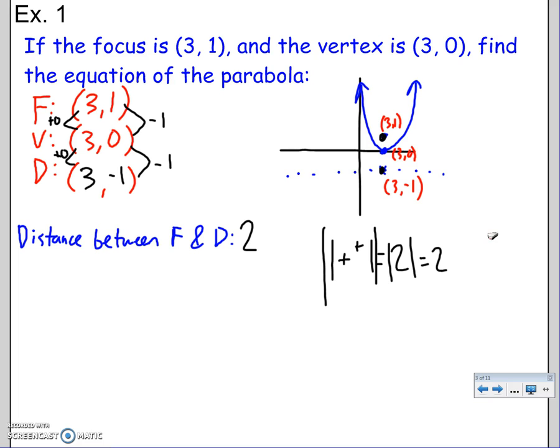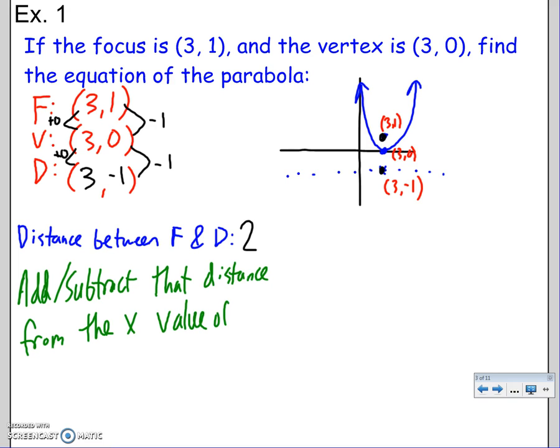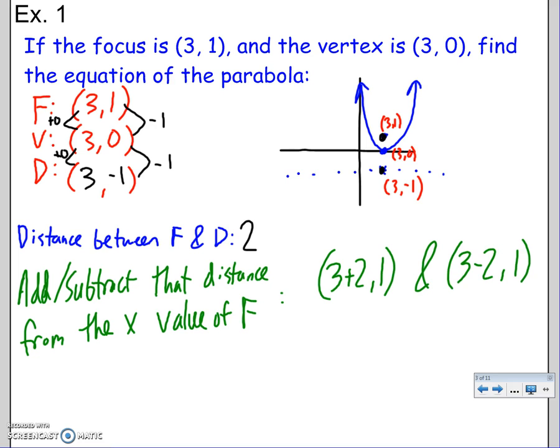All right. Now last, once you have that distance, you're going to add and subtract that distance from the x value of F. It looks like a lot, but it's not that hard. So our focus was 3, 1. I'm going to add that 2 to the x part of the focus. So really, I'm going to do 3 plus 2, and leave the y the same, and 3 minus 2, and leave the y the same.